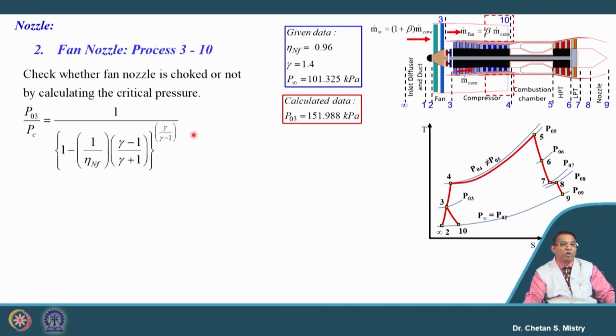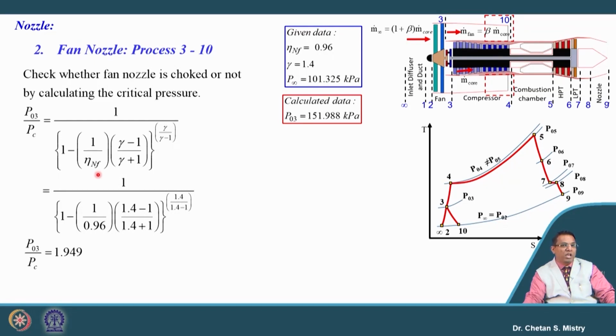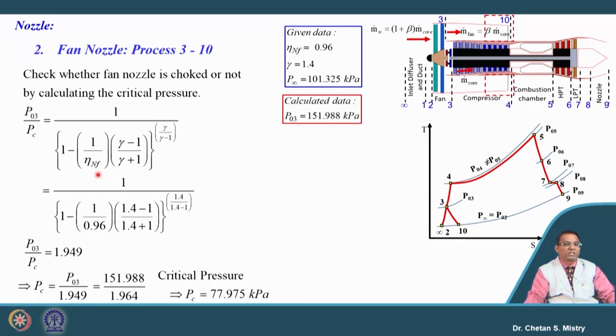So, we can write down our critical pressure ratio as P03 by Pc. Here in this case, we have the nozzle efficiency of the fan and specific heat ratio, that is 1.4. If we write the formulation for that and calculate our critical pressure, it comes to be 77.975 kilopascal.